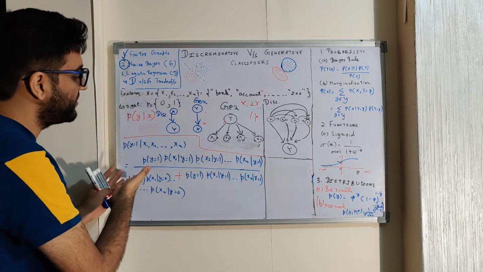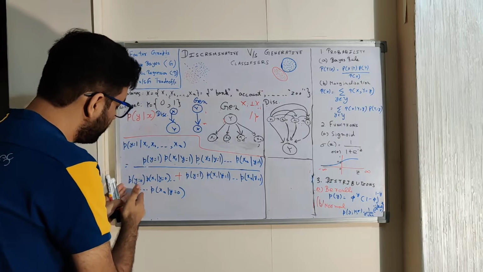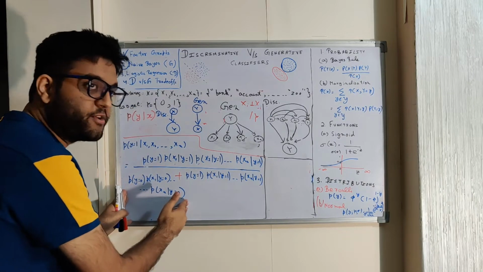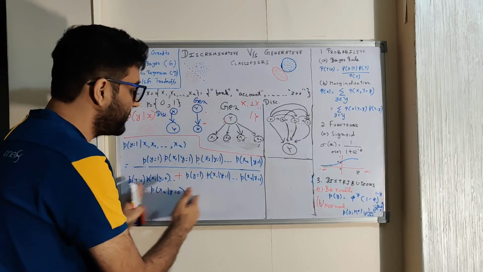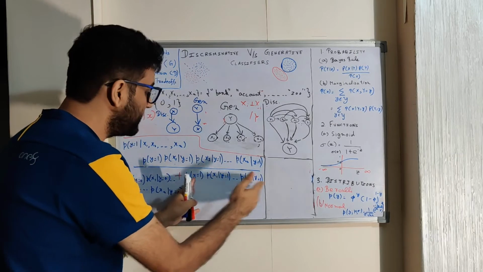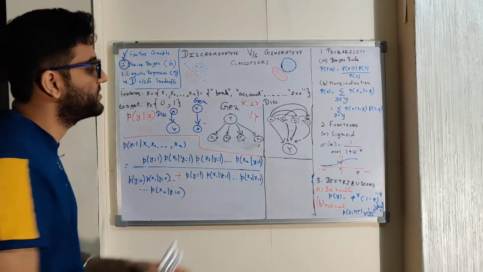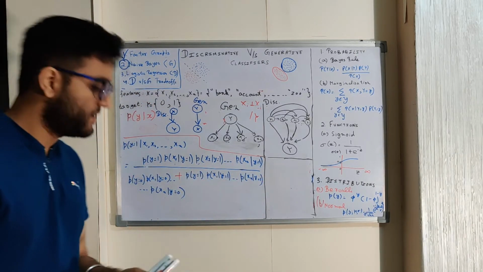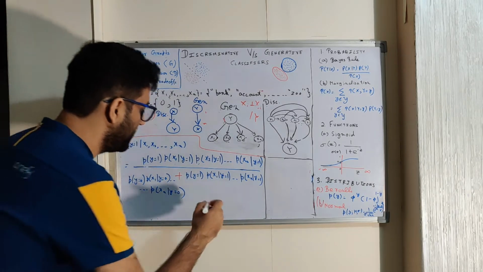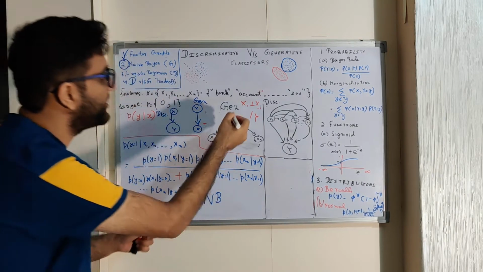This is divided by the normalization constant, which is the scenario where y is equal to 0 summed with the scenario where y was equal to 1. Now this is a naive-Bayes classifier. This is a type of generative model.